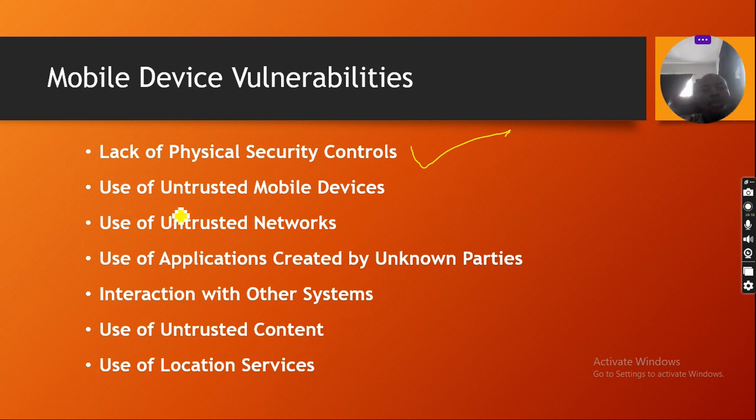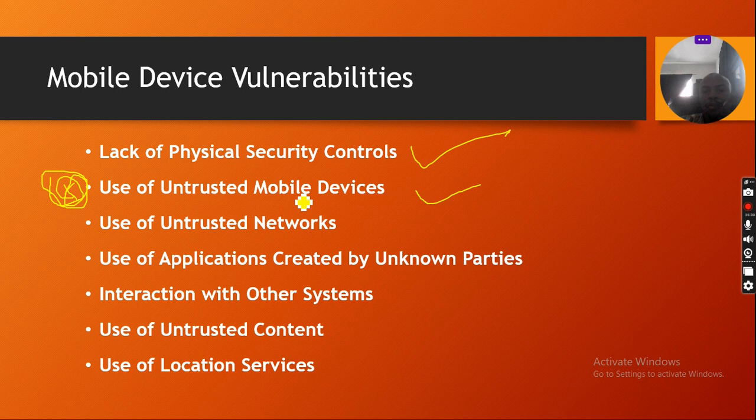Another vulnerability is the use of untrusted mobile devices. If you just use untrusted mobile devices, they can compromise your network. So as an organization, sometimes it's not good to allow your employees to bring their mobile devices. Some organizations provide secure mobile devices for all employees to use in their workplace.